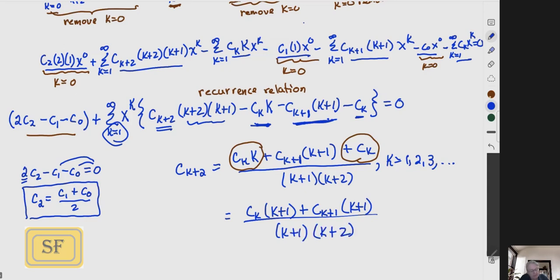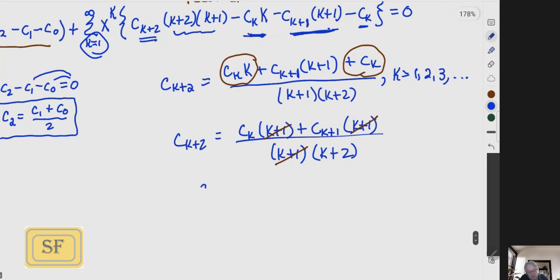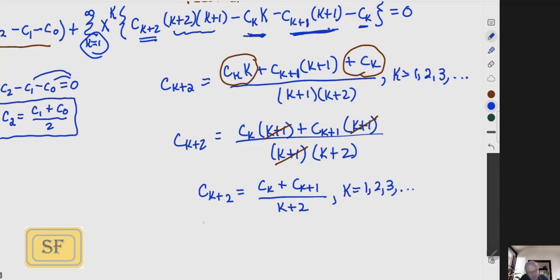I could factor it and cancel, or I could just cancel here. All those k plus 1s cancel. And that leaves me with c sub k plus 2 equals c sub k plus c sub k plus 1 over k plus 2. That's much nicer. k goes from 1, 2, 3, and so forth. So I'll box that up.